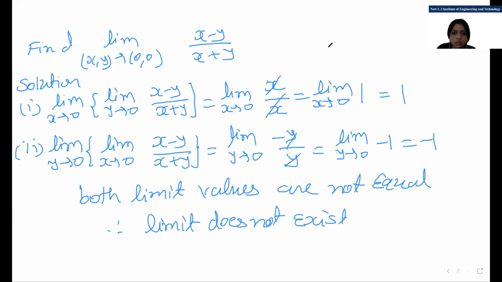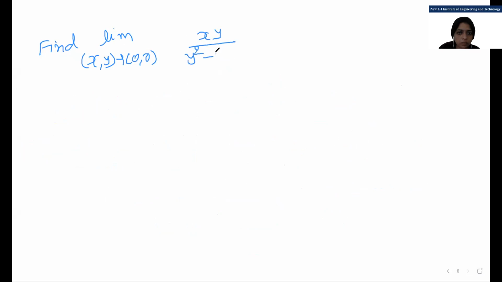Okay, so we'll move on with one more example, that is find limit xy tends to 0, 0, and our given function is xy upon (y square minus x square). Okay, so let's start the solution.